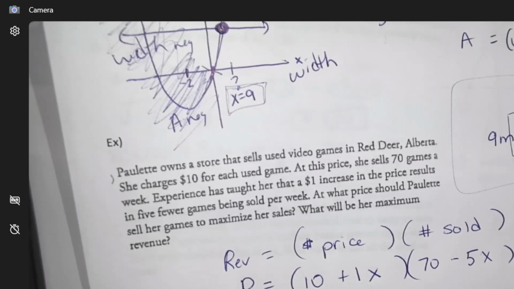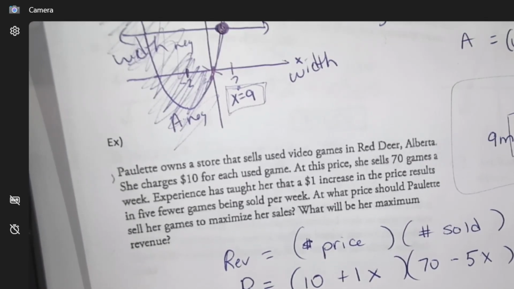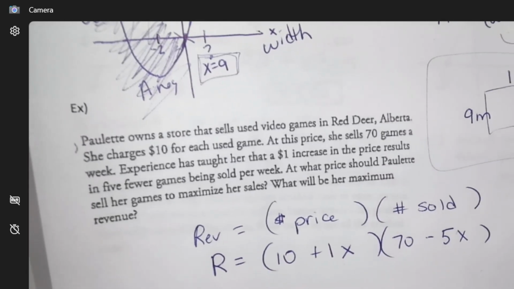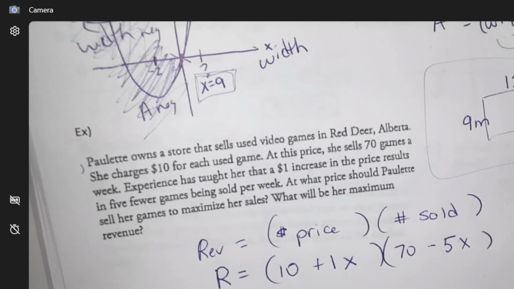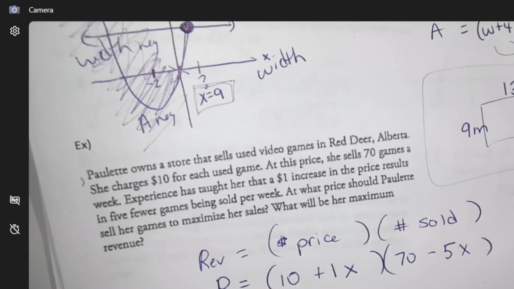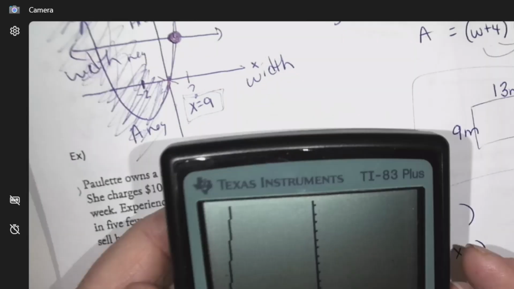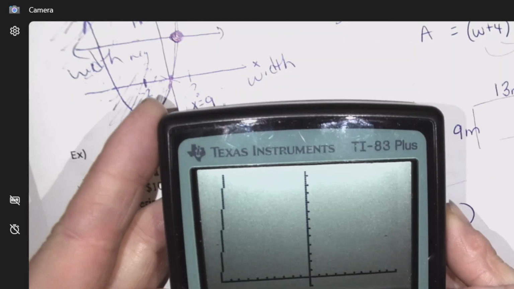My pre-calcers would be doing all sorts of things, right? But we are jumping to the calculator. Okay, if you have it and you've graphed it, you probably don't see much, right?